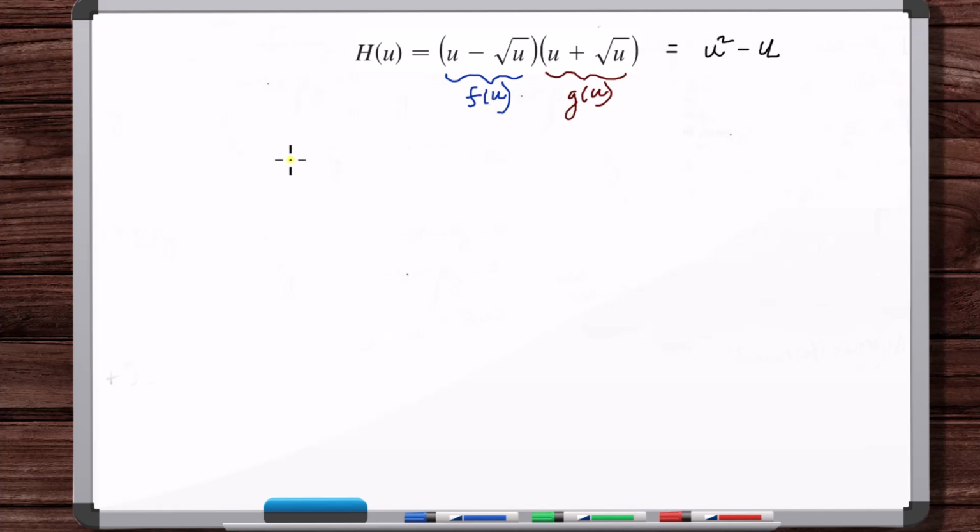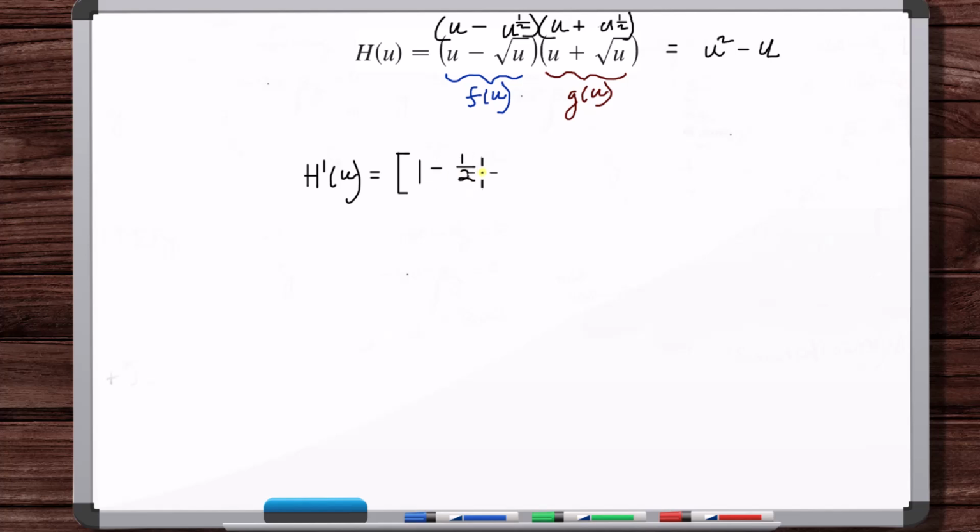So let's write this as u minus u to the 1/2, and this is u plus u to the 1/2. So h prime of u is the derivative of the first, f prime of u, is what? So derivative of u, 1, minus derivative of u to the 1/2.